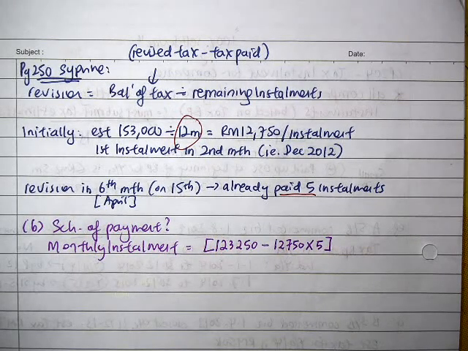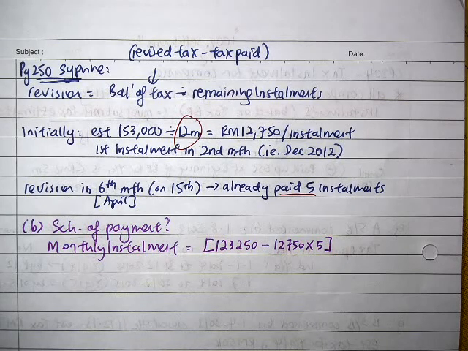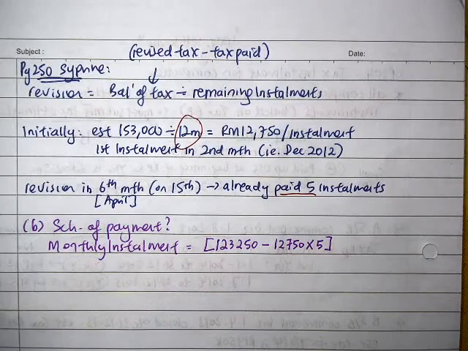So the balance is what I need to pay. Understand? Okay. You already paid this amount. You revise it to this amount. So the balance is what you need to pay. I mean, if you say, what if I revise to an amount that is lower, then you don't need to pay it. That means you won't pay it. You see? So that's why you find that now you still have this as the balance.